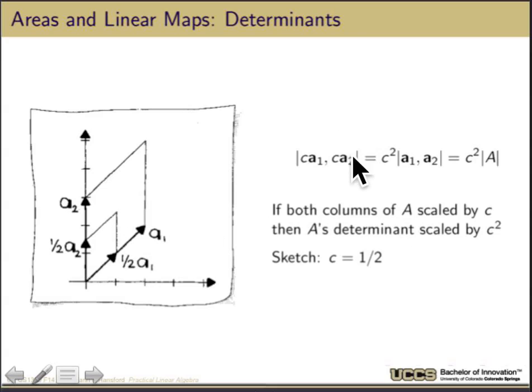And the reason for that is, if you think about it geometrically, I'm multiplying each column by a constant, and now I'm going to use those columns when I go to make the area, so I get the square of them in 2D. So determinants are not linear in terms of how you multiply. If I multiply the matrix by a constant, then it's the same as multiplying each column by a constant. The determinant goes up by the square of that.